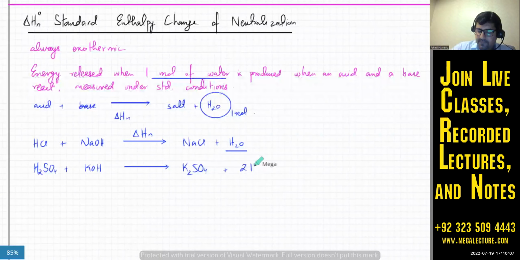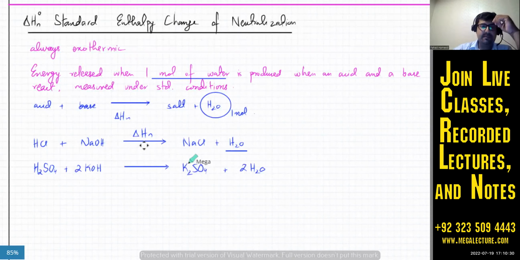Okay. And if I balance this out, this is the balanced equation. Can I call the energy change of this reaction the enthalpy change of neutralization? ये होगा कि नहीं होगा? Is the energy change associated with this reaction the enthalpy change of neutralization?